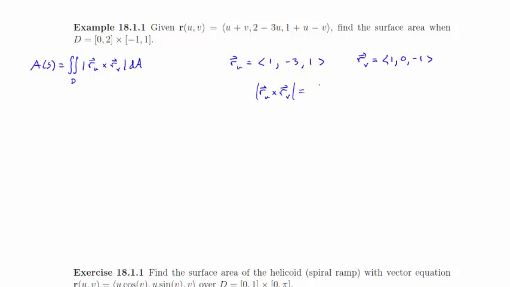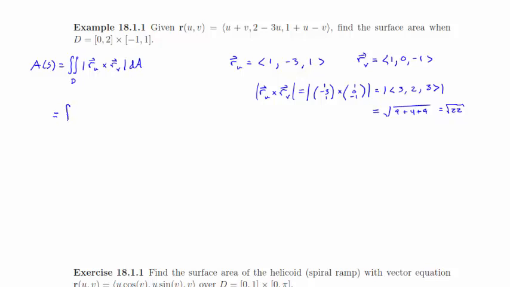So we want the magnitude of 1, negative 3, 1 crossed with 1, 0, negative 1, which equals the magnitude of, so when I ignore my first row, I go 3 minus 0, then I ignore my second row, negative 1 minus 1 is negative 2, but then make it positive, then ignore my third row and get 0 minus negative 3 is positive 3, and so our magnitude here is the square root of 9 plus 4 plus 9, 22, square root of 22.